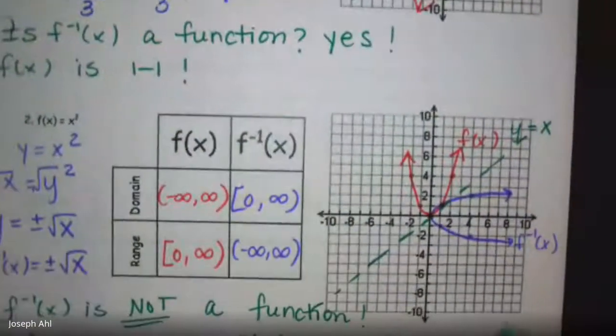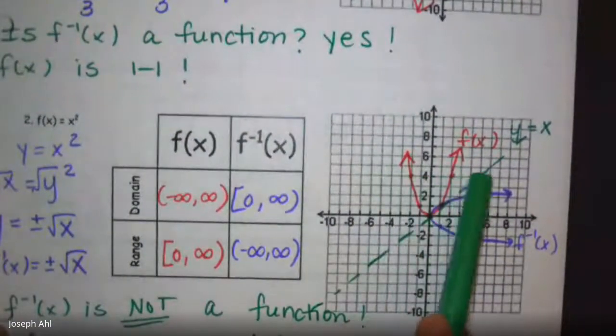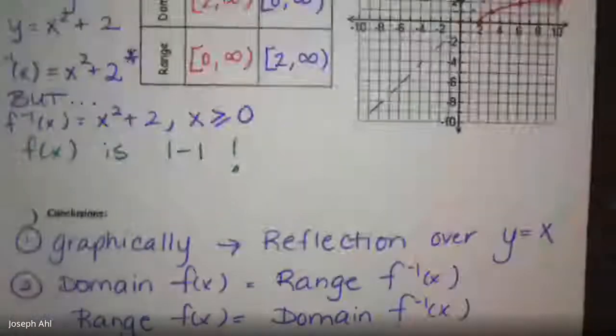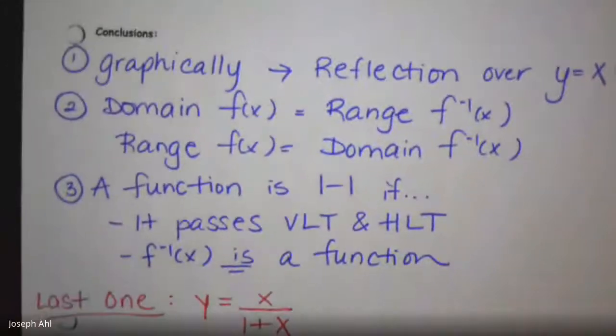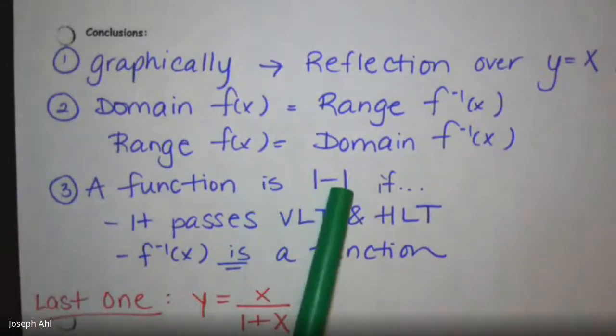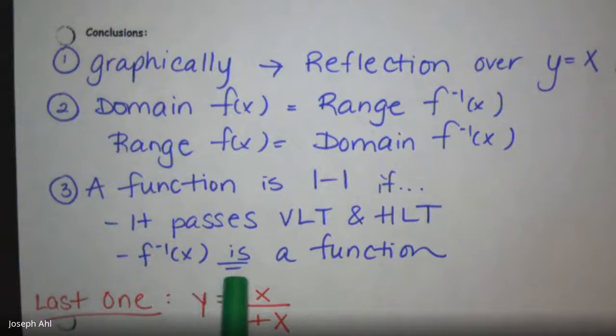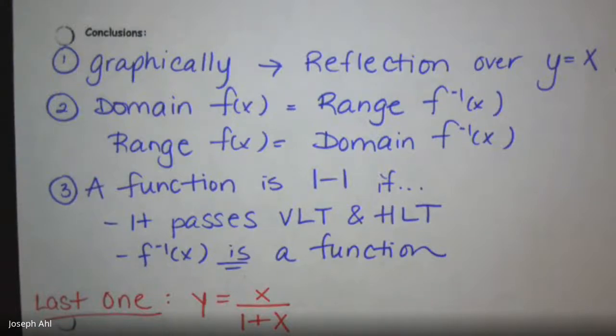So if you look back at number 2, this was not one-to-one, but notice how it fails the horizontal line test. A horizontal line would hit more than once. Okay, so a couple quick conclusions there. And again, what this means is if the function is in fact one-to-one, that means that the inverse is a function. Okay, so some good solid conclusions based on what we know about function inverses.